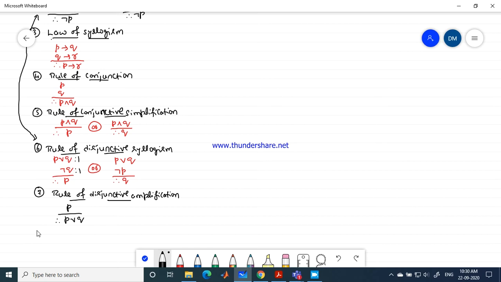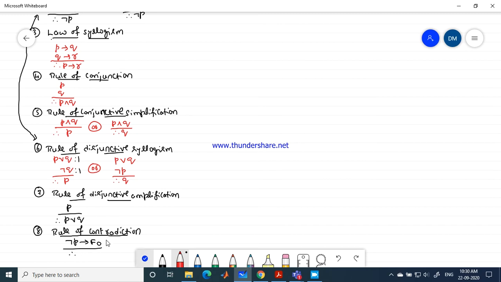Good. And the eighth one is called rule of contradiction. You people have used it many times in your lower classes. This rule of contradiction says, if negation P implies contradiction, then what should be my output? If negation P implies F naught, what should be my output?